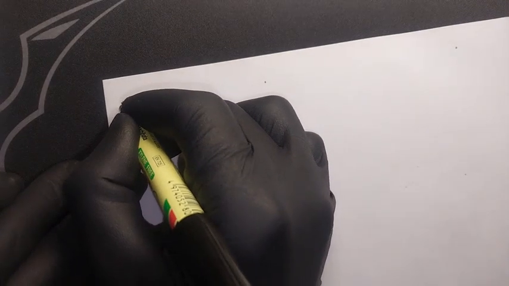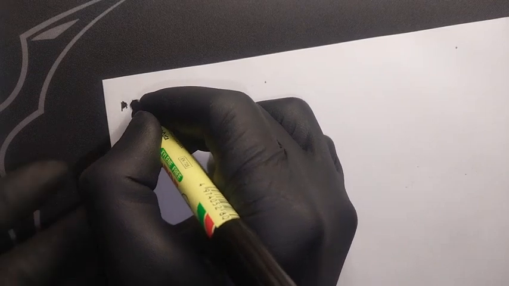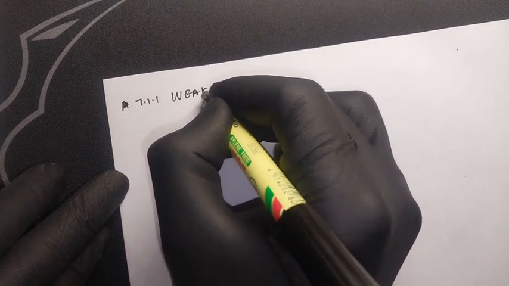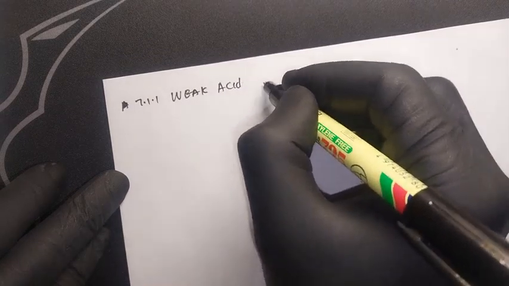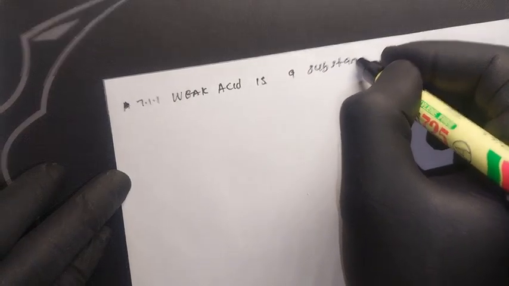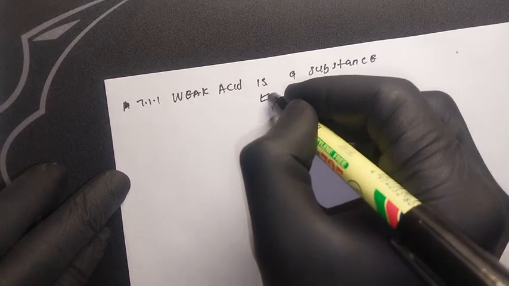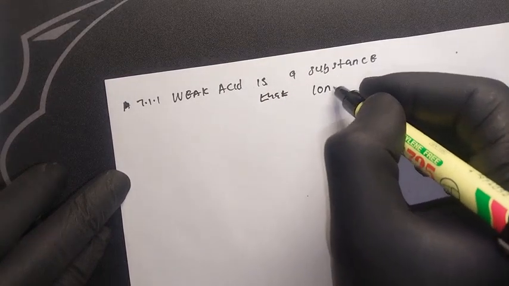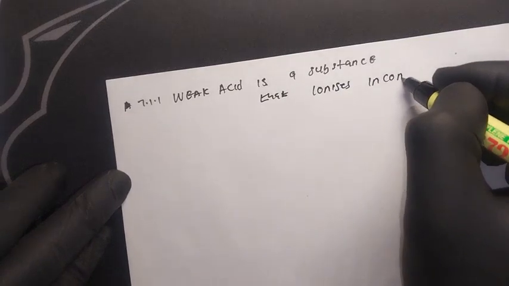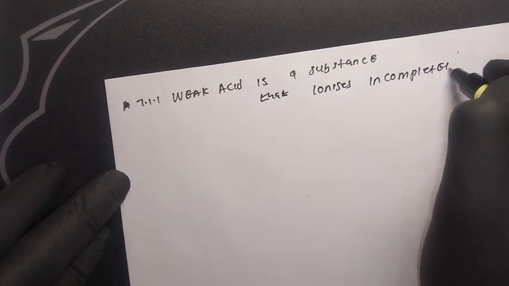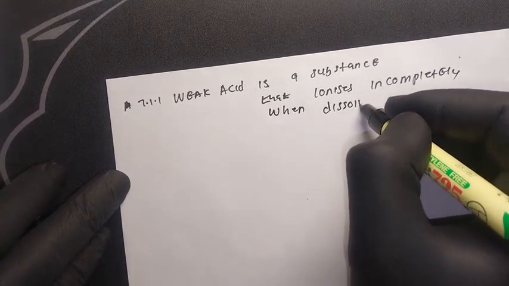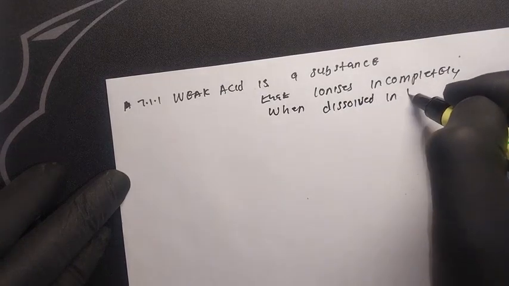Question 7.1.1. A weak acid is a substance that ionizes incompletely when dissolved in water.